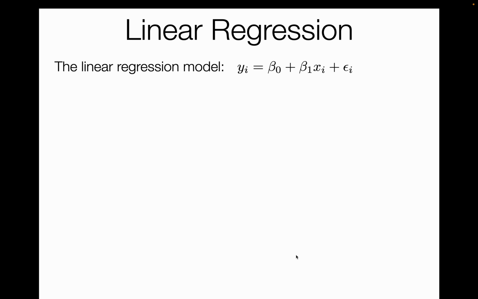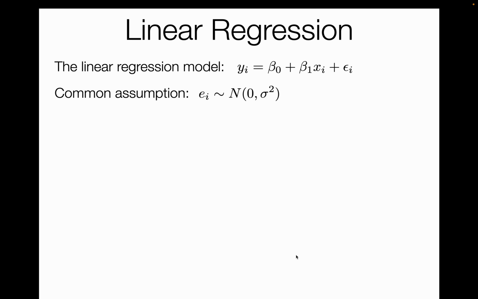And then there's one more term here, which is epsilon sub i, or e sub i, which is an error term. So the linear regression model is y is equal to mx plus b, or here it's b plus mx, plus epsilon. And that epsilon is what's going to push the points away from the line to make it look random.